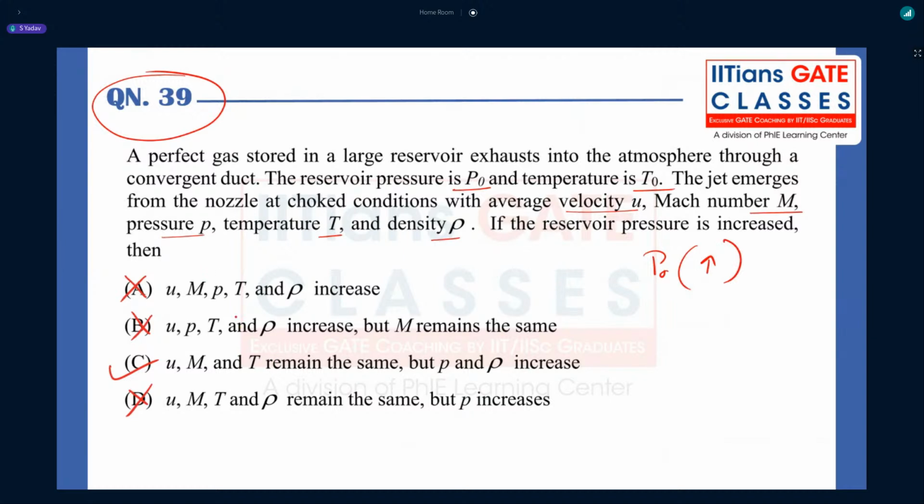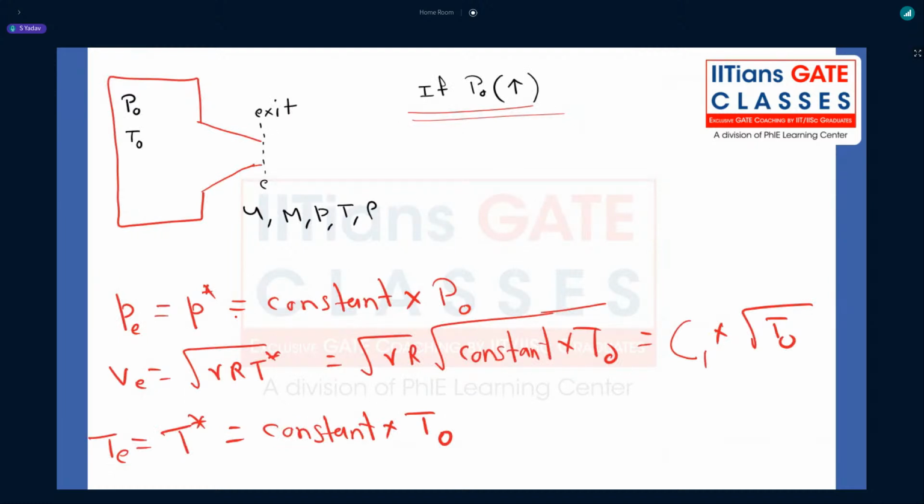So that we have to find out. This is also very fundamental, no calculation required. You just need to know some basics. We'll draw our old diagram where there is a reservoir with P naught and T naught as the reservoir condition, and at the exit, as you remember, we always denote the exit with E, and here you have velocity, Mach number, pressure, temperature, and density.